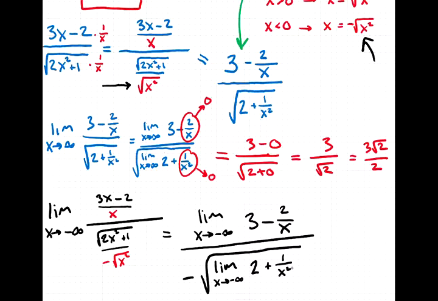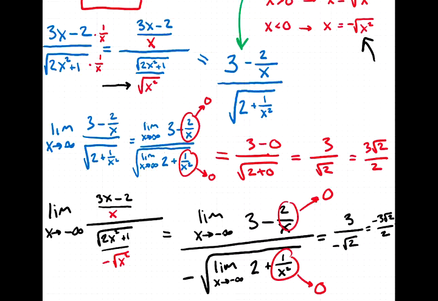So almost identical to what we did in blue with the limit to the right. All right, so again, the 2 over x goes to 0. The 1 over x squared goes to 0 as x goes to infinity. And so we end up with positive 3 on top and a negative square root of 2 on the bottom. Or again, we could rationalize that: negative 3 root 2 divided by 2.